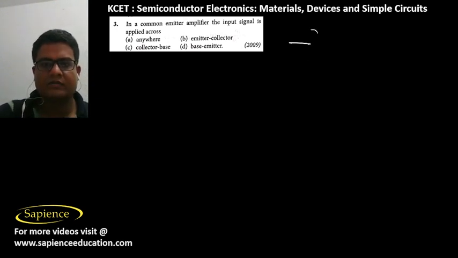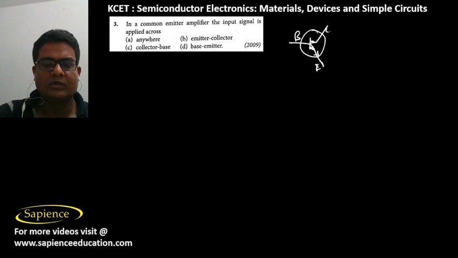Common emitter amplifier: the input signal is applied across base, emitter and collector.